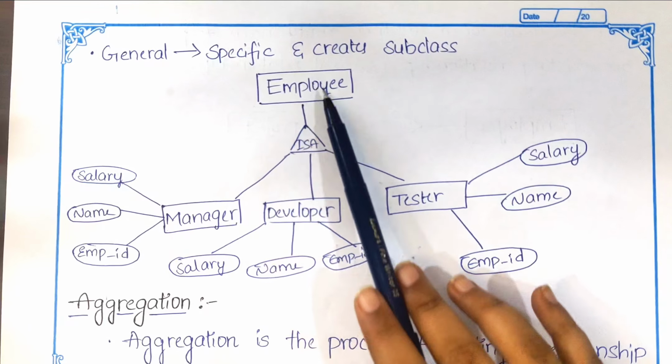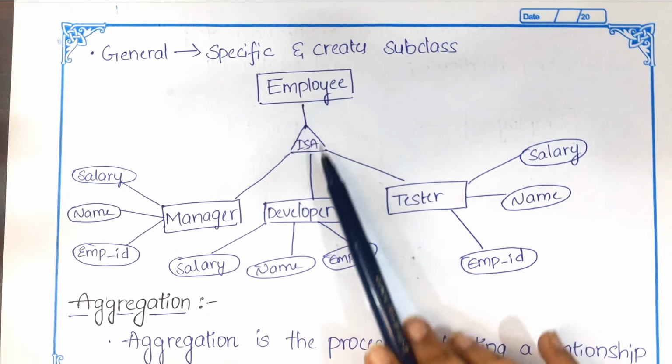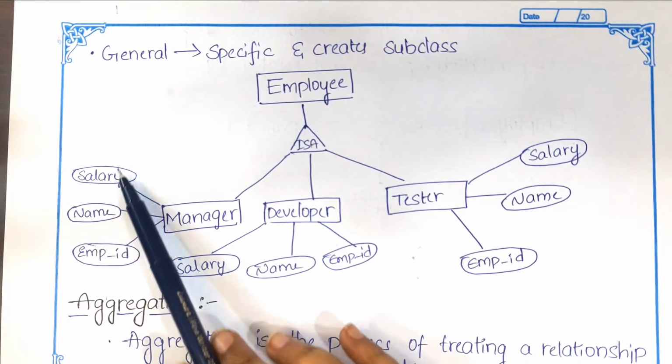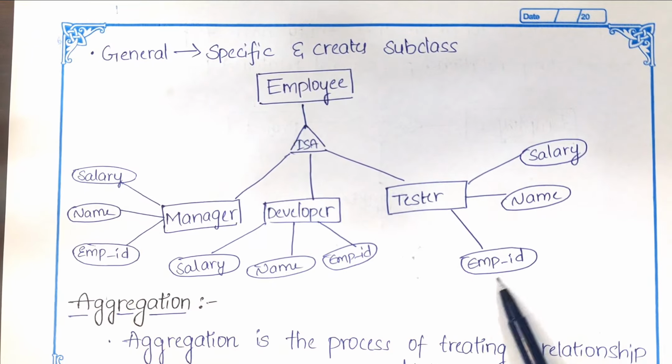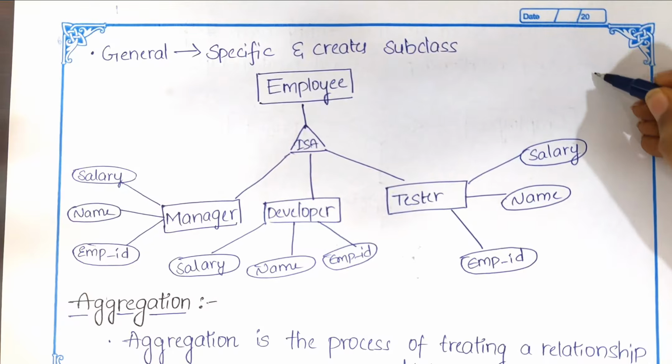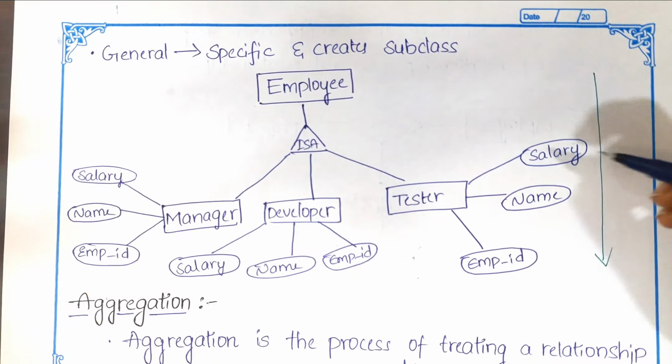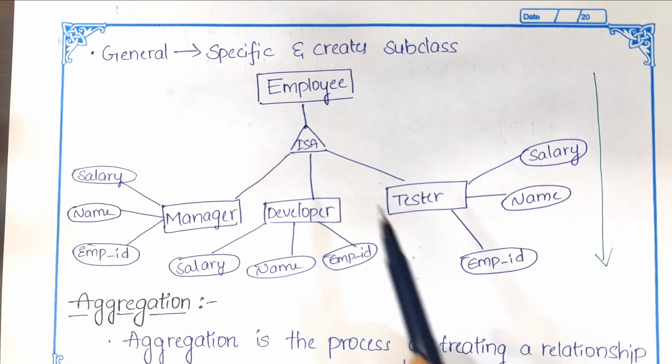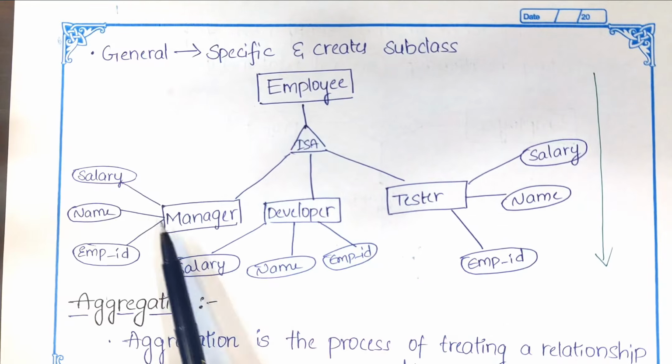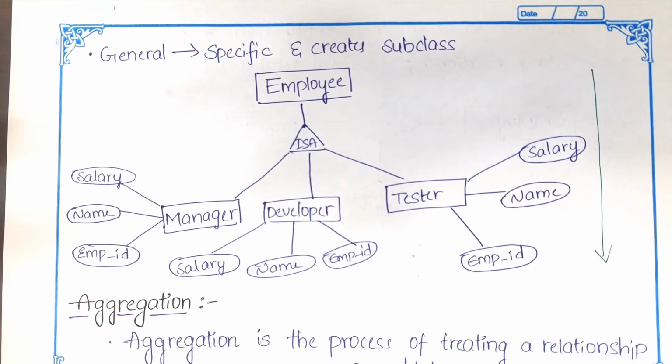You can see a manager is an employee, a developer is an employee, a tester is an employee, and we have some specific attributes related to each, and it is a top-down approach. Whenever one higher level entity is divided into multiple lower level entities, this process is called specialization.